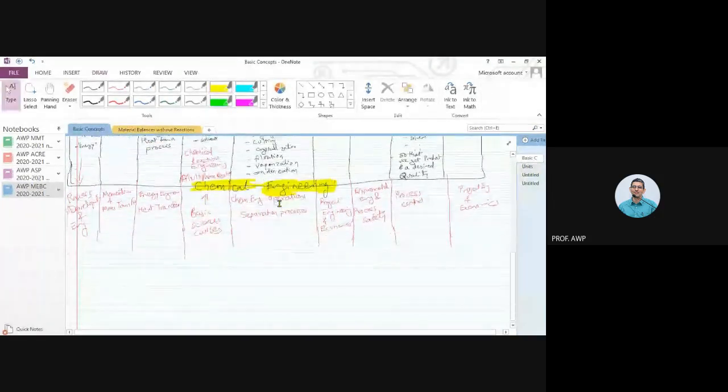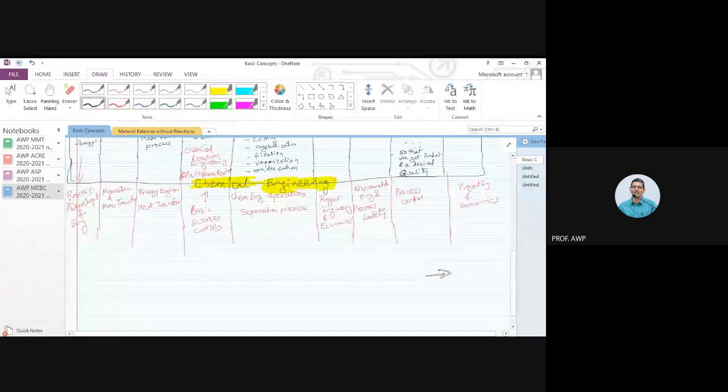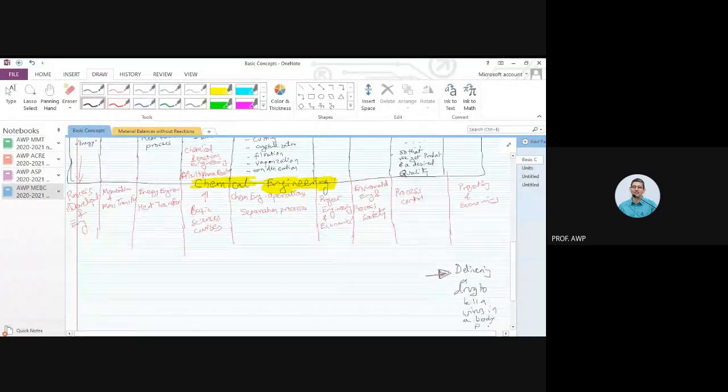So you might be having a process where your product might not be a compound, your product may be delivering a drug to kill a virus in a body part.